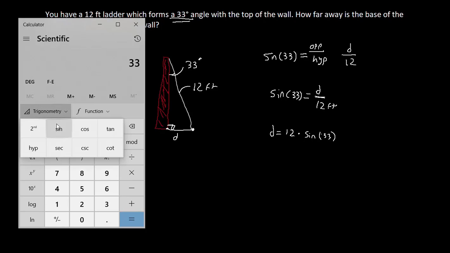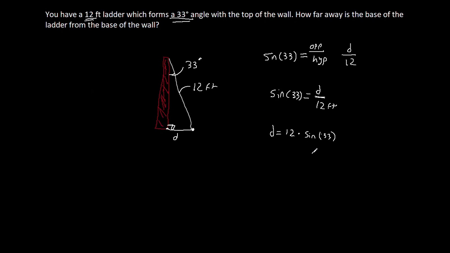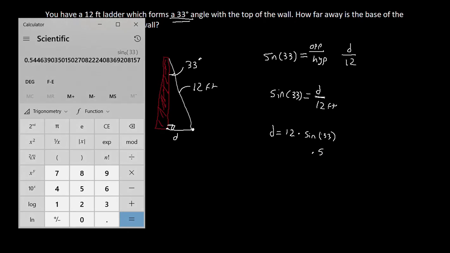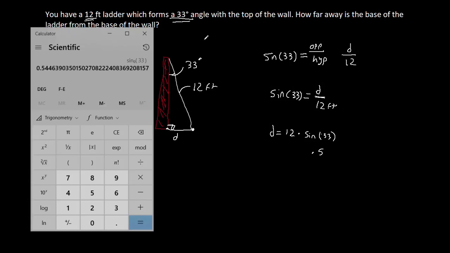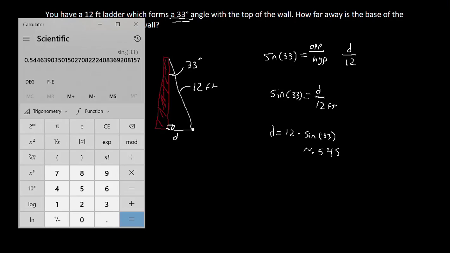Select trigonometry and go to sine. That's approximately 0.545. And if we multiply that by 12, which is the length of our ladder, we're going to get approximately 6.5 feet.